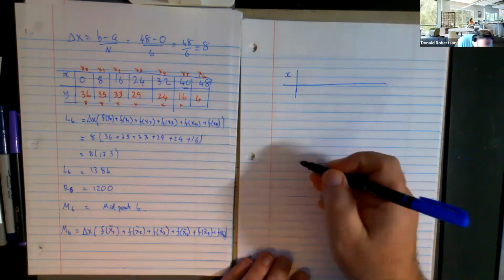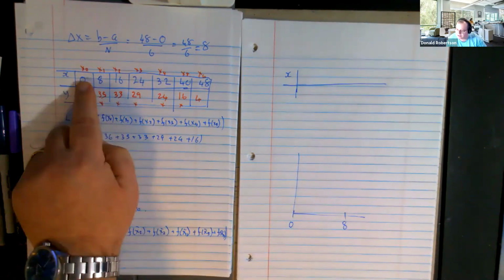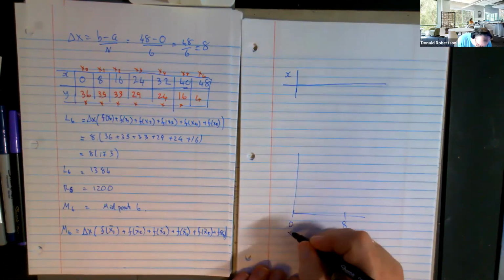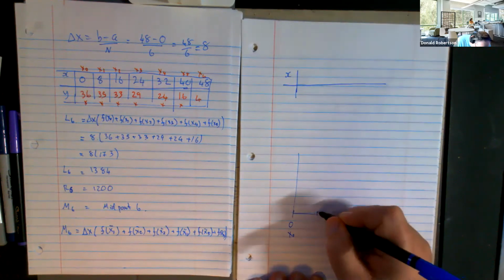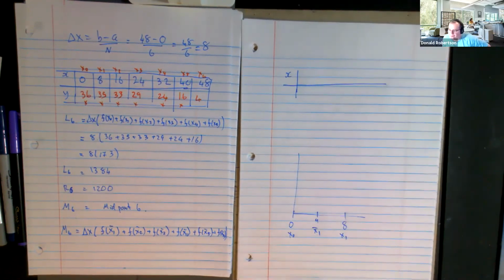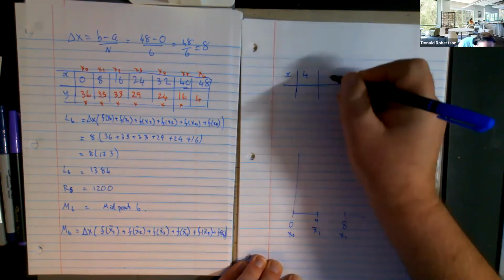Oh, let's do it visually. Can you imagine here is 0 and here is 8, right? 0 to 8. That guy's called x0, that guy's called x1. Midpoint 6. What do you think the x coordinate of the first midpoint is going to be? 4. And that guy is x bar 1. Which means I have to go back to that table, and I now have to create a table with 4.